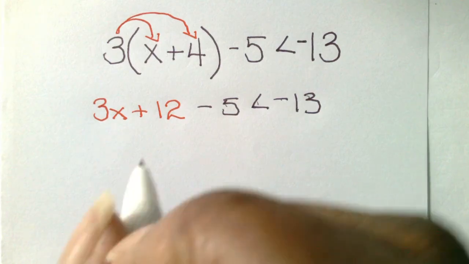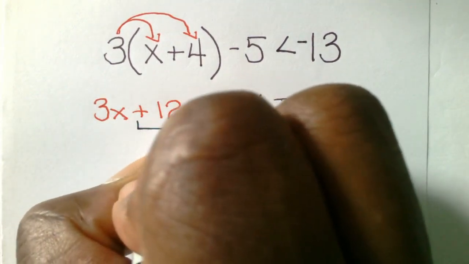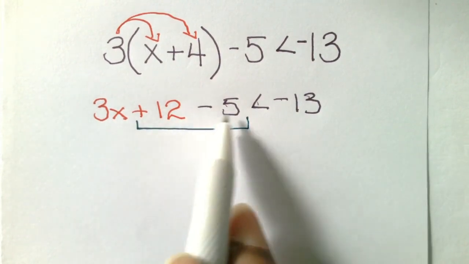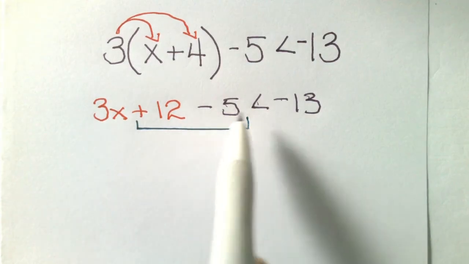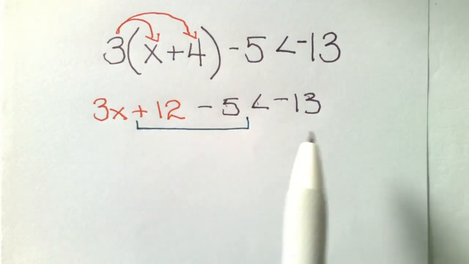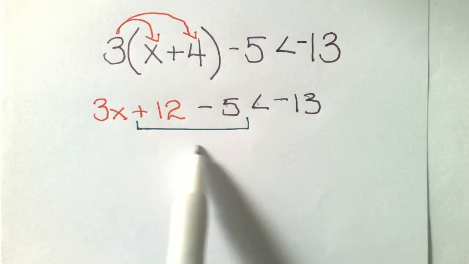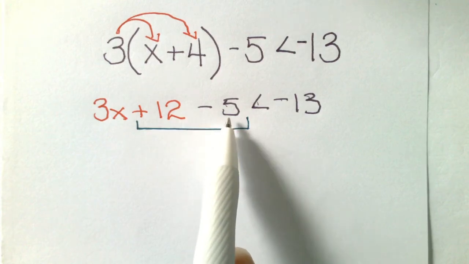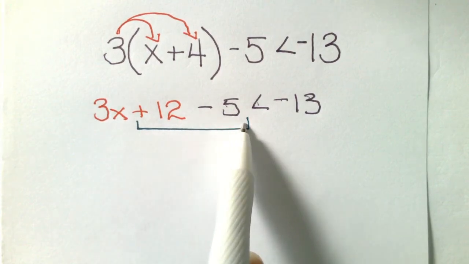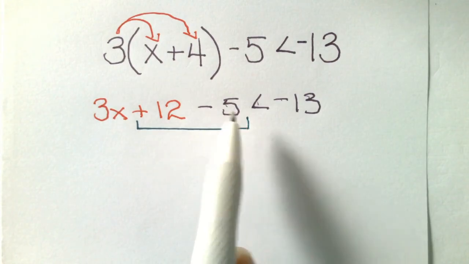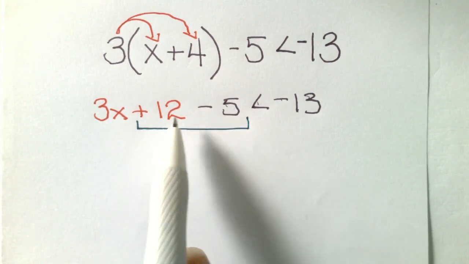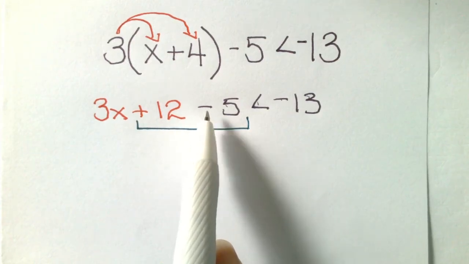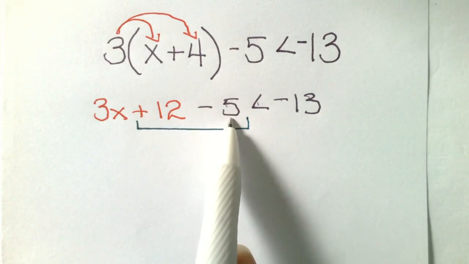But take a look. Right here, you have like terms. We can combine these, so you don't have to add 5, and then subtract 12. Combine positive 12 plus a -5. Listen to how I'm saying it. Positive 12 plus a -5. This minus sign is acting as a negative for the 5.